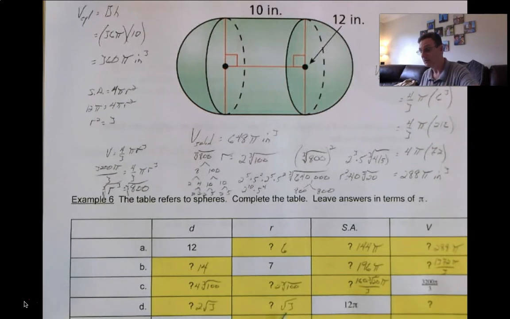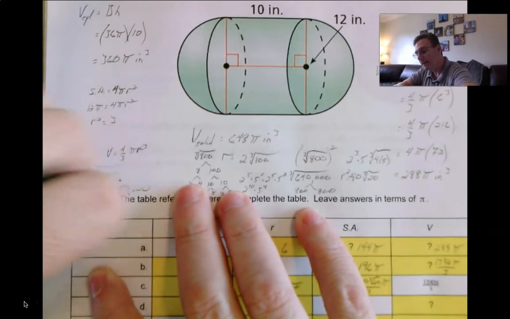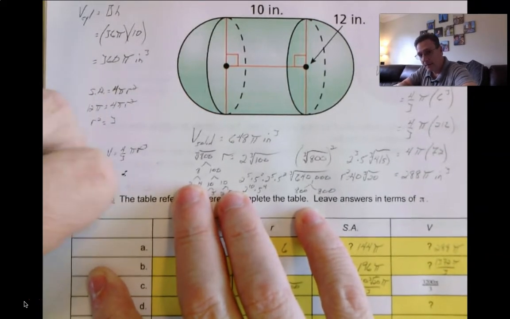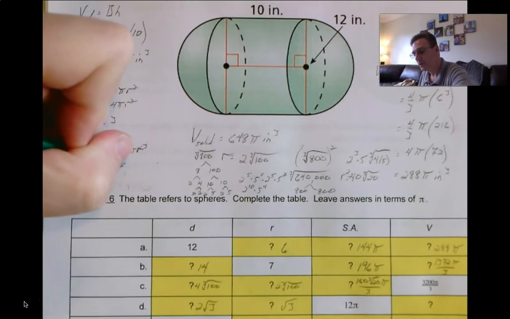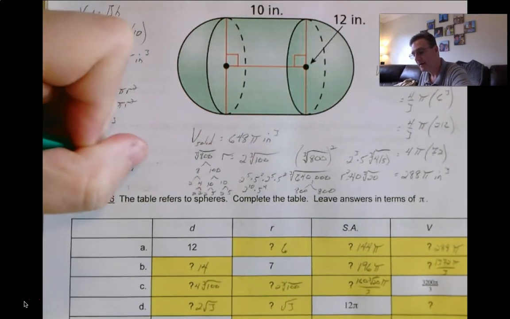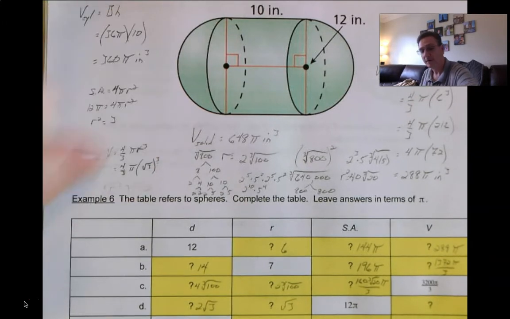Plug this into our volume formula. And again, just to make some space, I'm going to erase here. I'm going to use this space. 4 thirds pi times square root of 3 cubed.